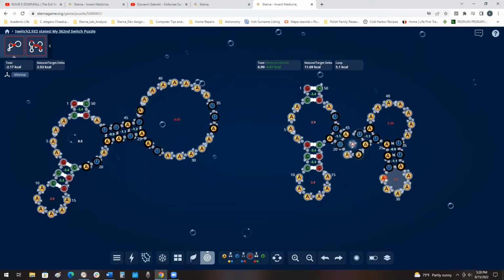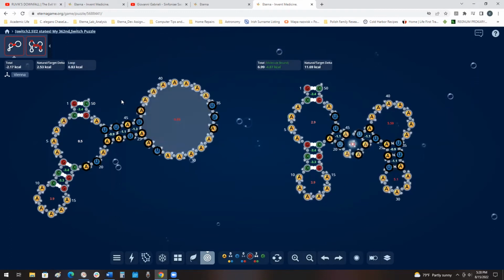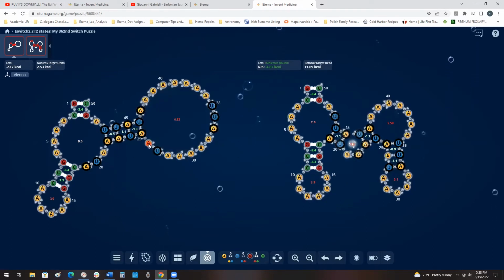I can boost base 28, and it should give an energy bonus to the second state without adding anything to the first. And if it comes to it, I have an option for boosting at base 26 in the first state, but I'm going to hold off on that for the moment because its target energy is closer to what we want, even though it's unbound. And so I'm going to hold off on that too.